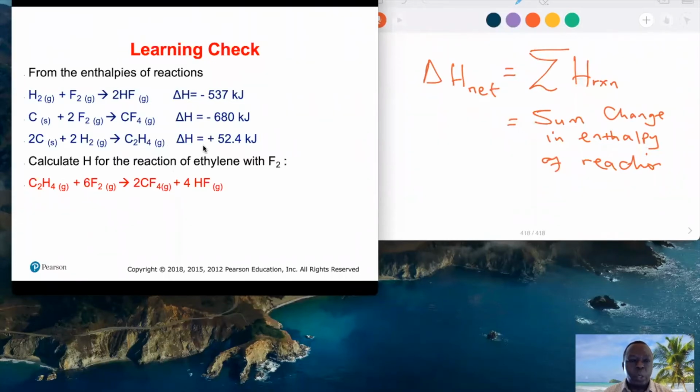So that means to end up with this equation right here, we will have to reverse equation 3 so that the products become the reagents, the reagents become the products, and then the sign on the enthalpy of reaction will change.